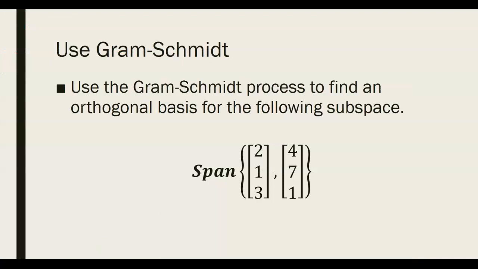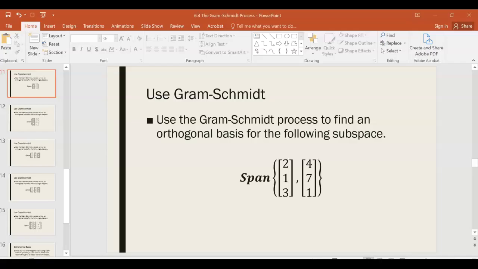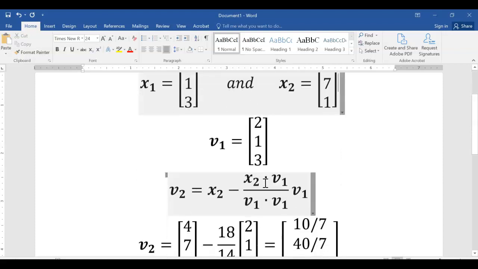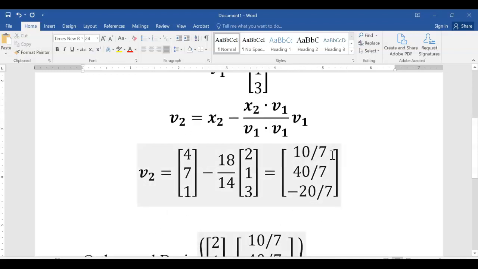Okay, so here we go. So we started with (2, 1, 3) and (4, 7, 1). And again, I'll go through it again very, very quickly. We let V1 be my (2, 1, 3). V2 is going to be the leftover part when I take x2 minus the projection of x2 onto V1. That turned out to be (10/7, 40/7, -20/7).